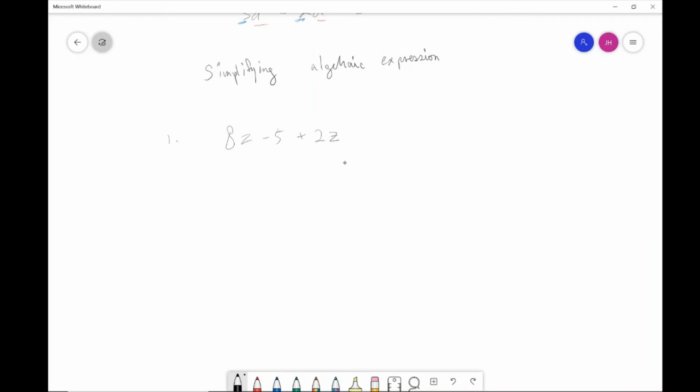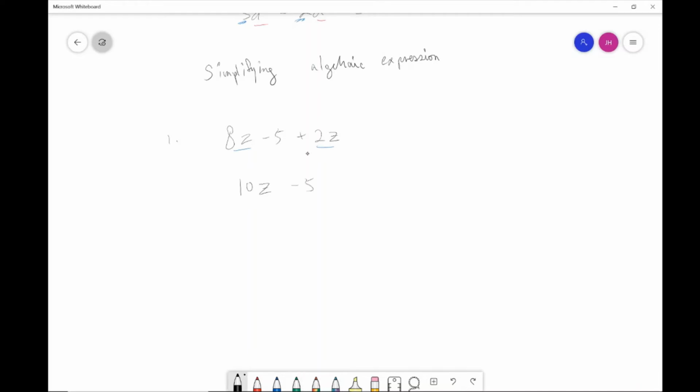Can we identify the variable terms first? And let's add it. So 8z plus 2z, that will give you what? 10z. What's left in the question is the minus 5.